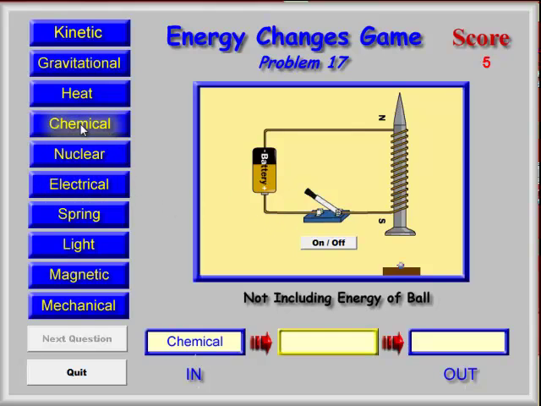Well, hopefully you can see that it's chemical. The chemical, of course, gets turned into electrical. Correct. And the electrical finally into magnetic energy. Yes. We could take it one step further and put a fourth one on, that it takes that magnetic energy and turns it into kinetic energy, and then ultimately gravitational energy.